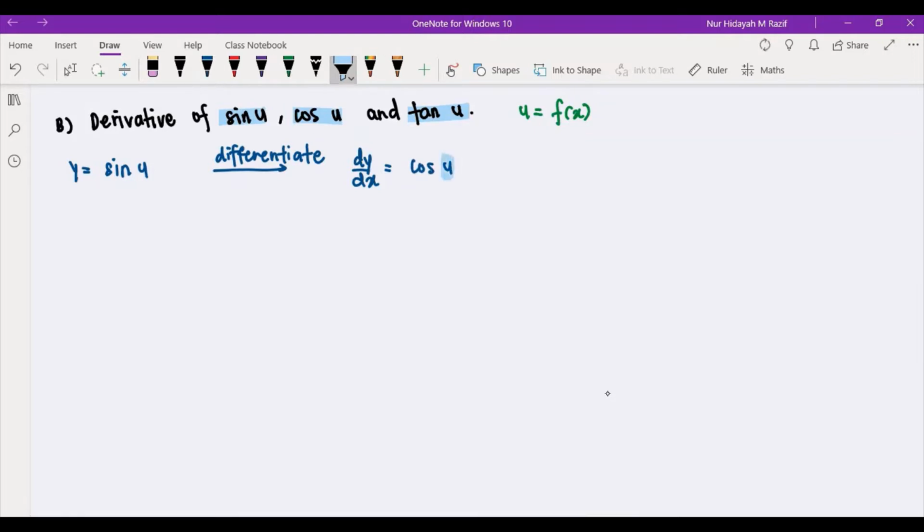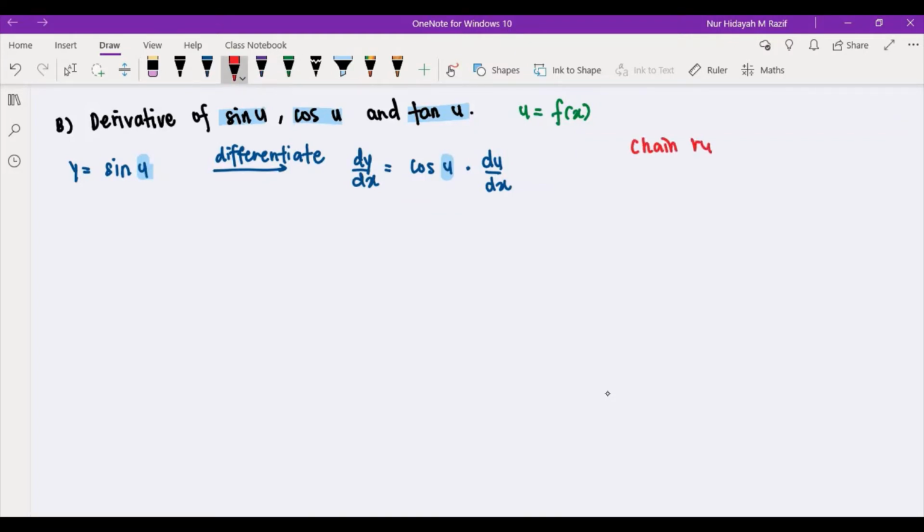Please take note that the angle will stay the same. The angle will not be changed. But in this case, since u is a function of x, you need to multiply this by du/dx. We are going to differentiate the angle. So the concept here is almost as if we use the chain rule.